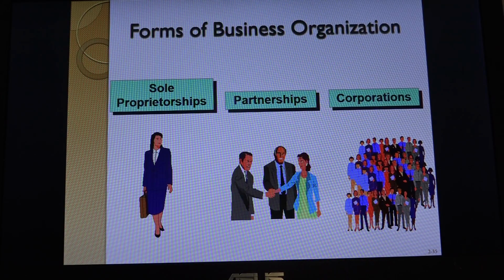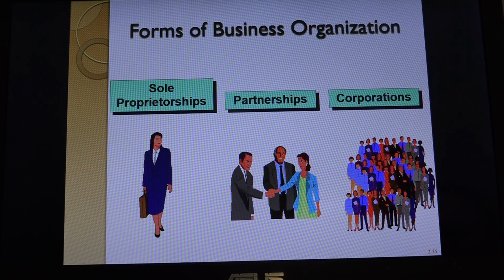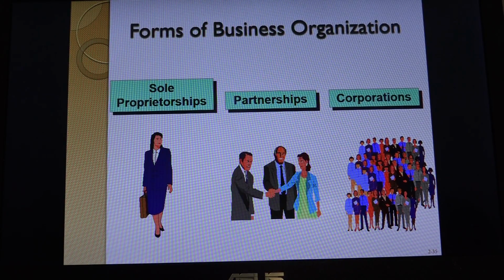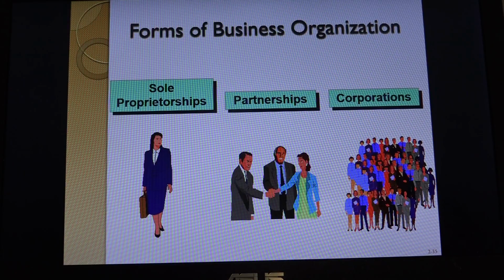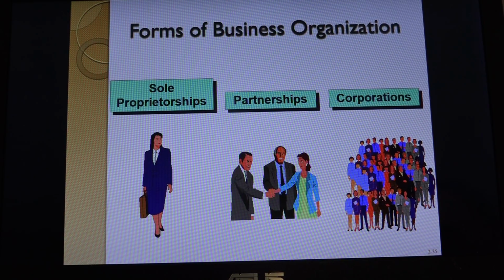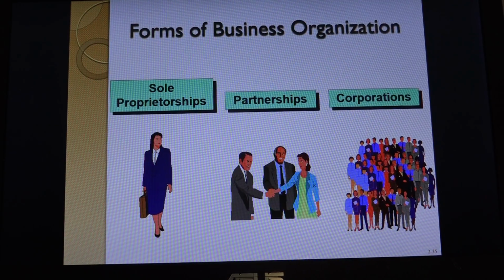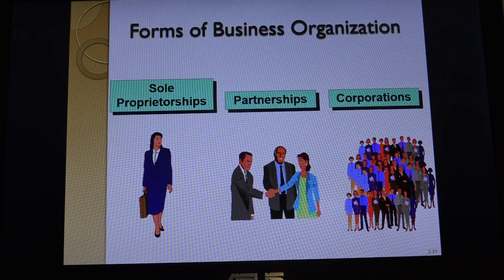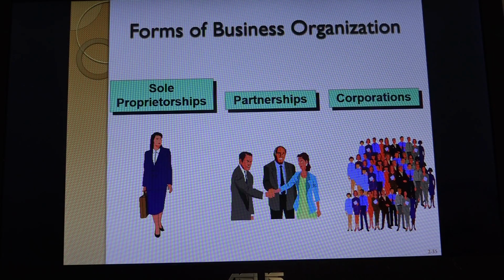It just involves more than one person banding together to do some business activity, and the goal is to create a profit. And then corporations, you can have a one or two person corporation, or it could be several people in the corporation. Just kind of depends. Most people think of corporations as being big, but that's not necessarily true.